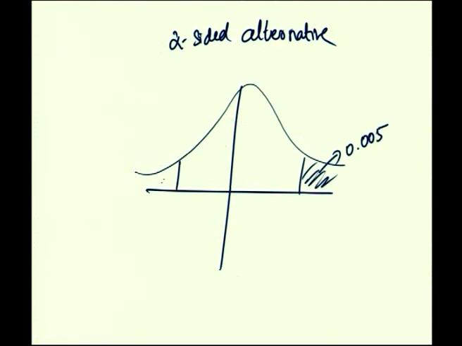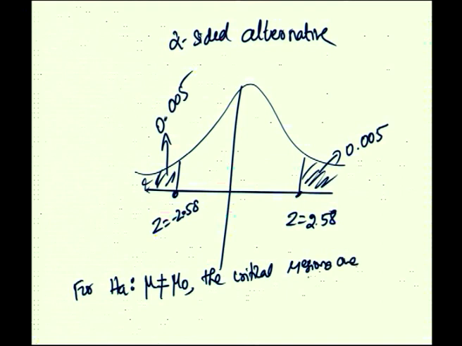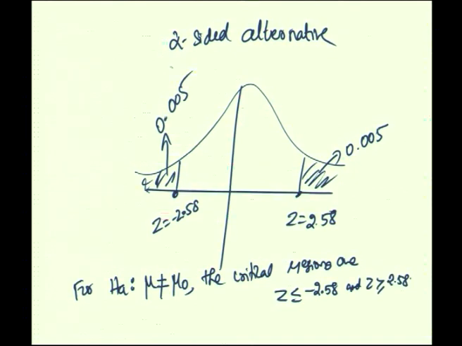Okay, for two sided alternative just draw, this is 0.005. So, the total only is 0.01 and this corresponding Z value is 2.58. You can refer the tables, minus 2.58. Therefore, for HA mu not equal to mu naught, the critical region is Z less than or equal to minus 2.58 and Z greater than or equal to 2.58.